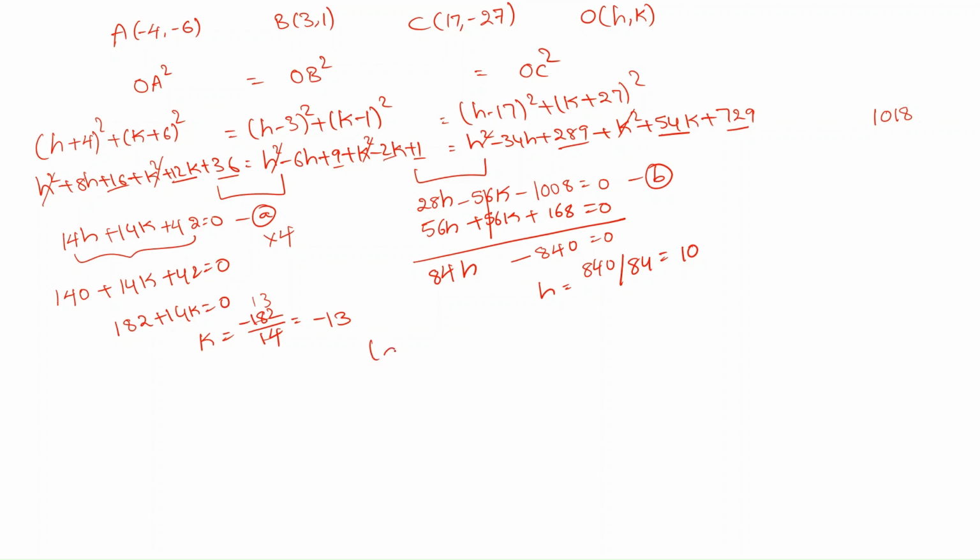So h comma k is nothing but 10 comma minus 13. So this is the value of the circumcenter we have.